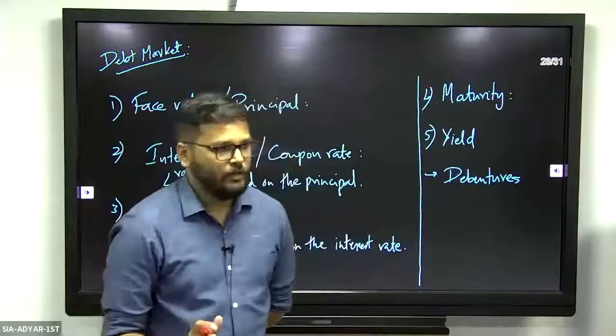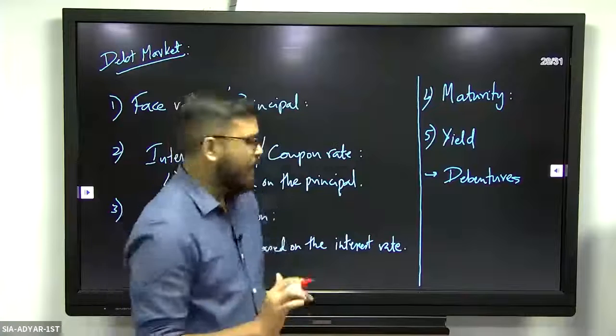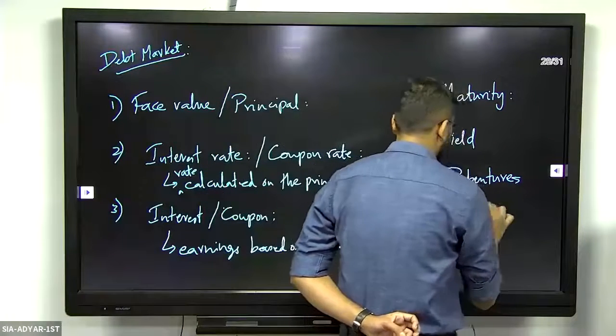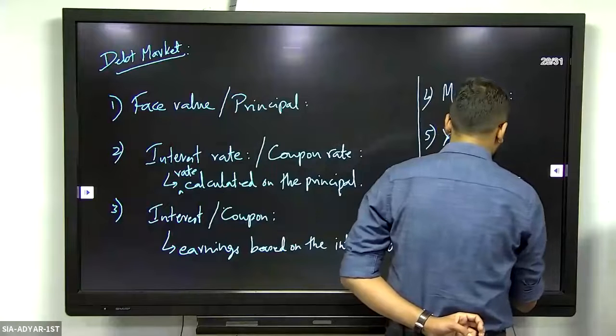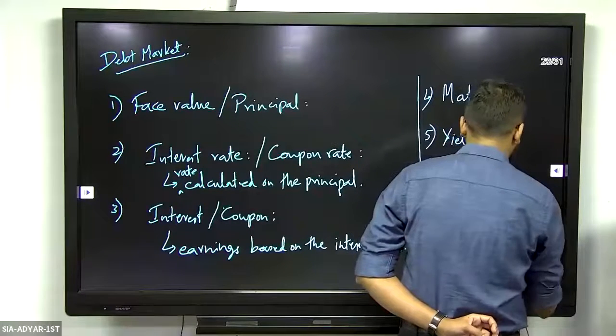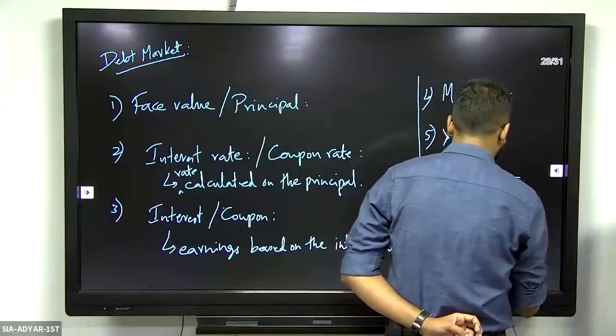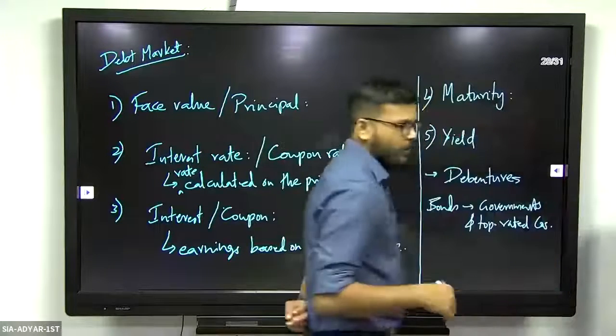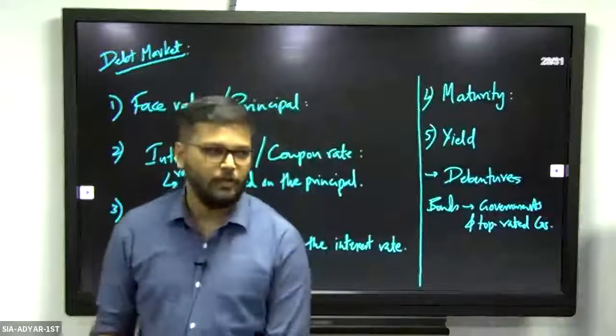Debentures are the same as bonds. The main difference is that what we call bonds are issued by governments and top rated companies. It could be a private company, public sector company, whatever be the case.